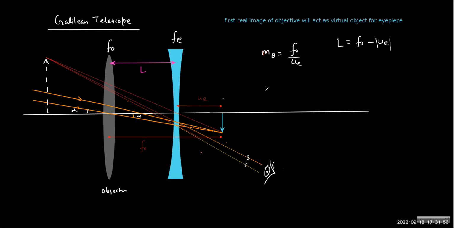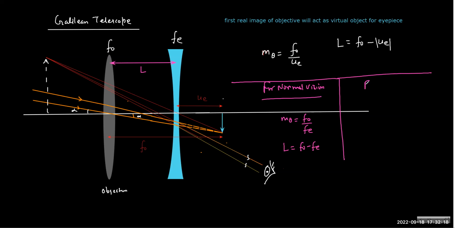So again, for normal vision, same logic: M is FO by FE, and the L will be FO minus FE. And for LDDB, tell me guys, what can we write for LDDB?